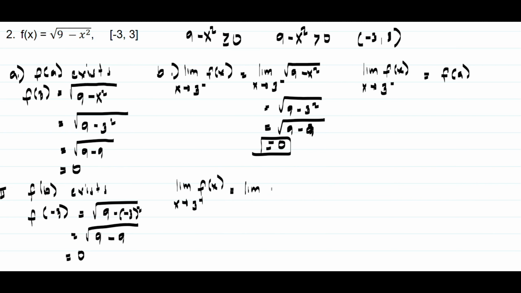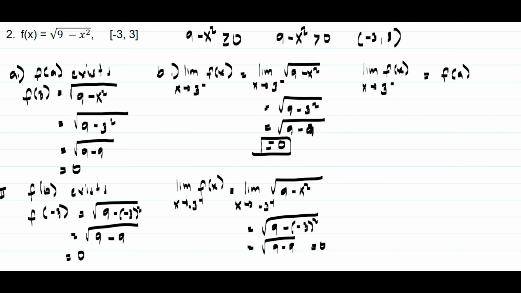So this is the limit of square root of 9 minus x squared as x approaches negative 3 from the right. So let us have square root of 9 minus negative 3 squared, and that is 9 minus 9, that is 0. Now, the limit of f of x as x approaches negative 3 from the right is equal to f of b, which is f of negative 3. So it is continuous from the right at negative 3.